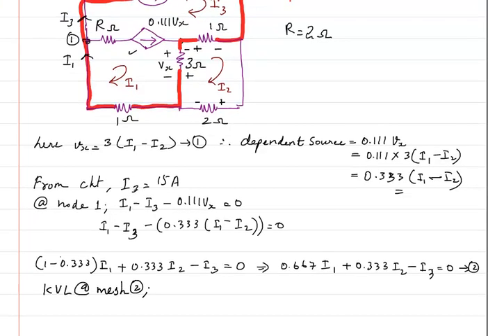So plus 1 times (I2 minus I3), then plus 2 times I2, plus 3 times (I2 minus I1), and that will give me 0.